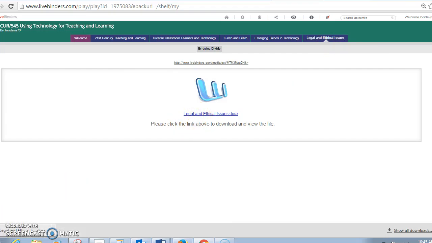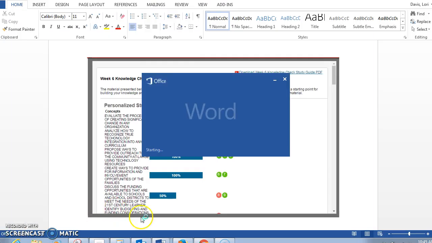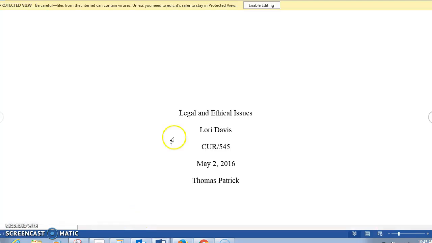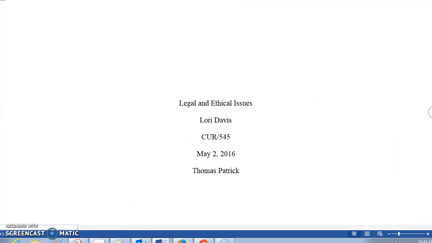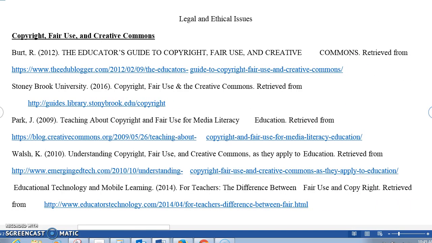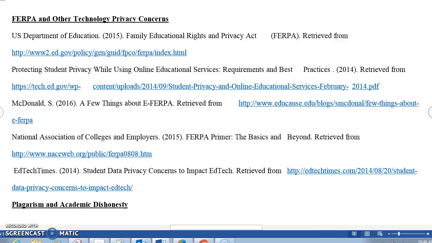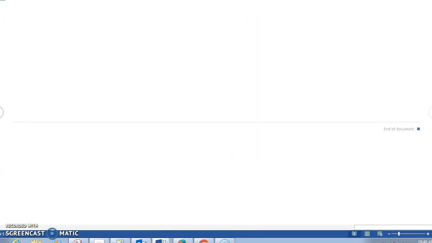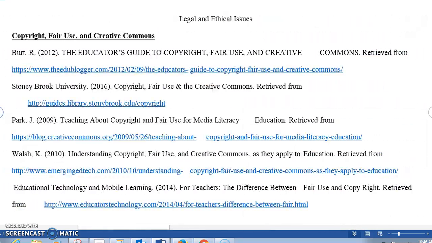When clicking on the legal and ethical issues, one can see the different websites that they can go to in order to find more information about the issues that may come about in the classroom.